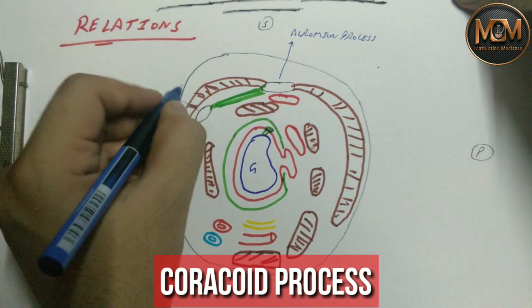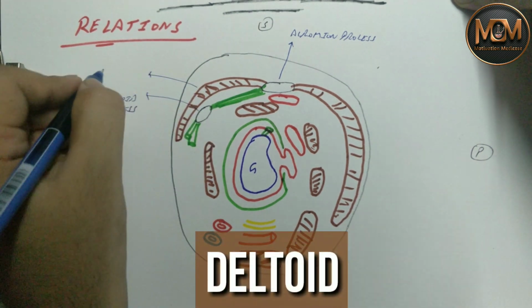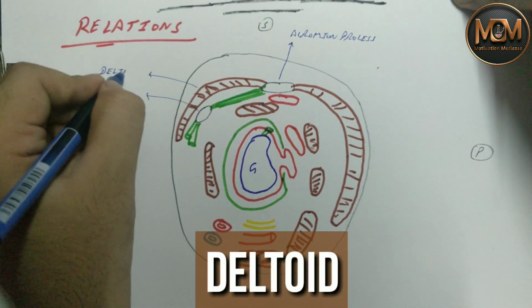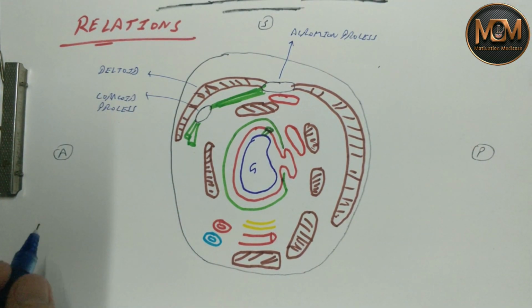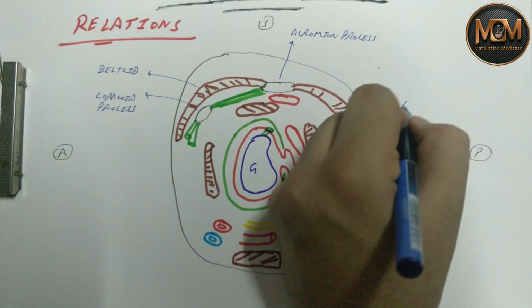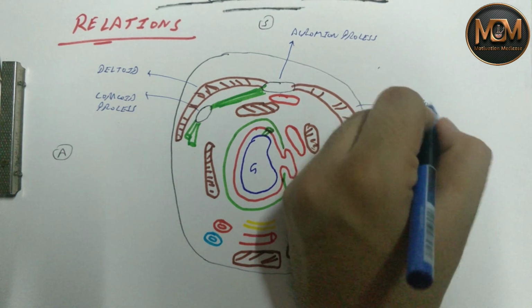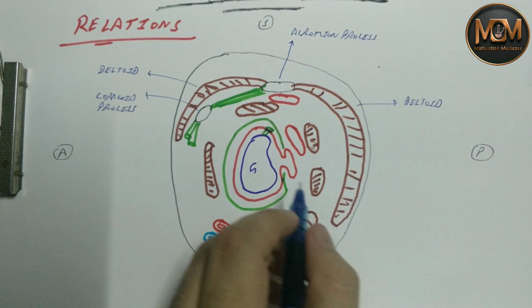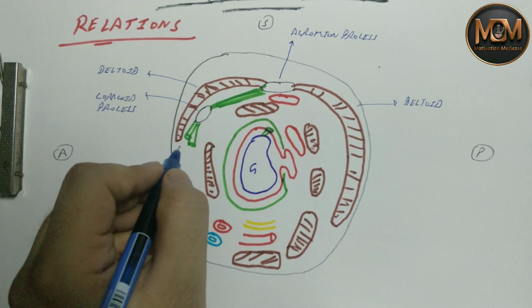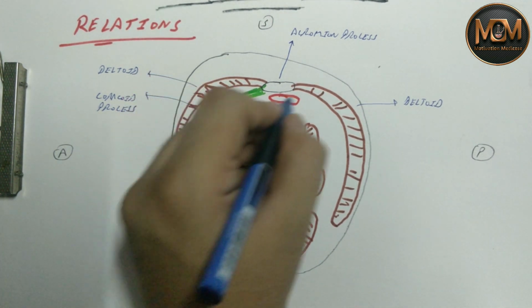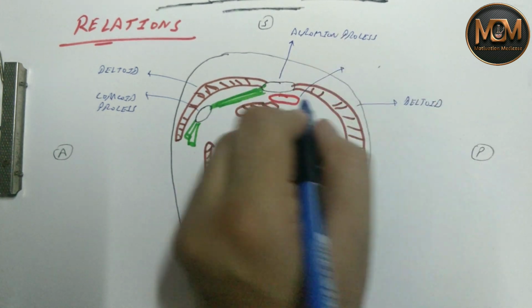And now this is going to be deltoid. And you can see this is also the part of the deltoid. And now you can see these are the coracobrachialis and the biceps brachii. This is the bursa. Which bursa?